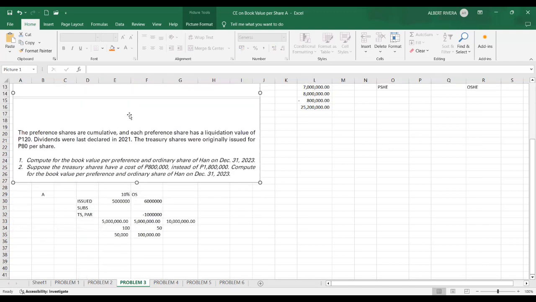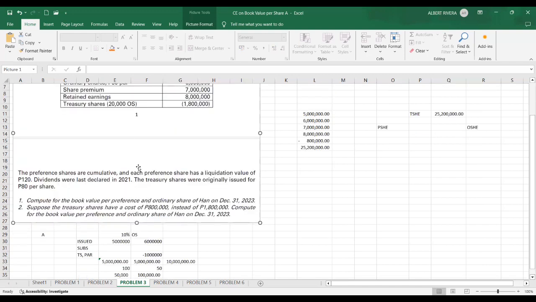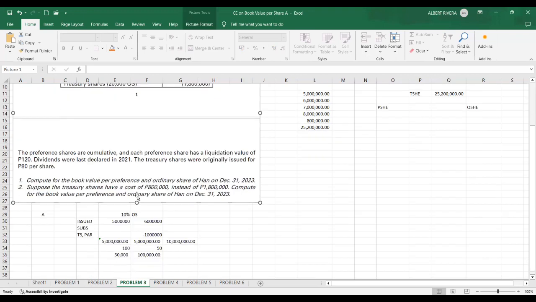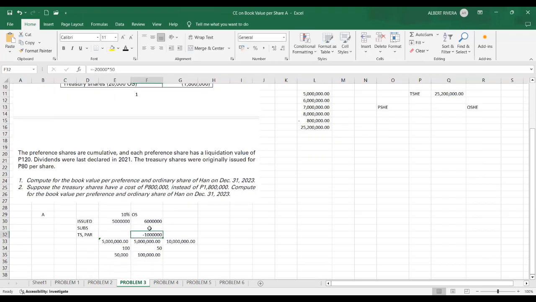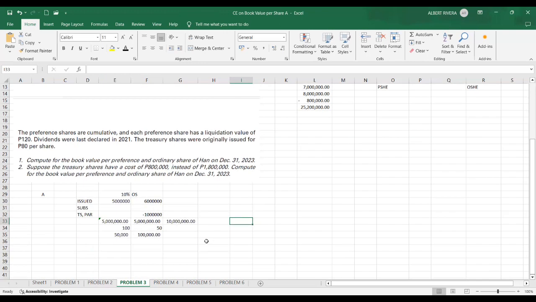Nakalagay naman ordinary shares, OS. So that is 20,000 times 50, and that is your treasury at par. Okay? So this would now be the aggregate par. 5 million. This is 6 million minus 1 million, 5 million. The aggregate par is 10 million, divided by 50 par value, this is now the number of shares outstanding. Okay?